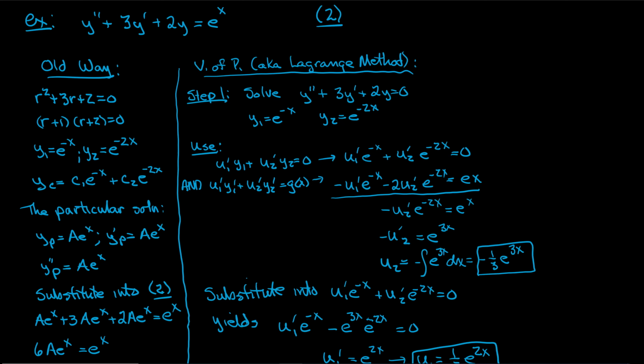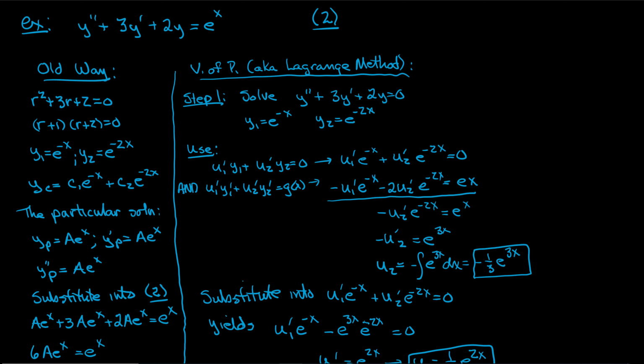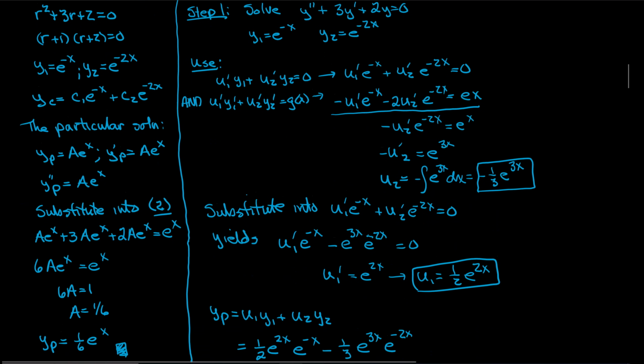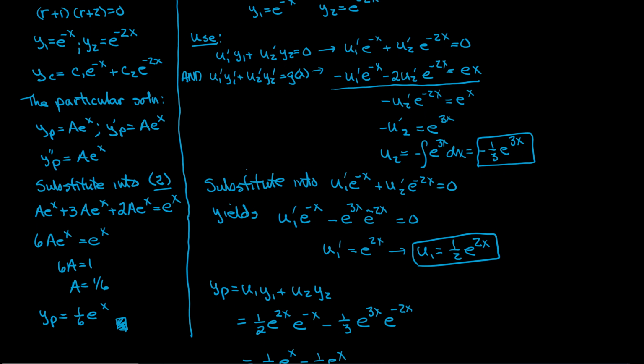Since it is a second order equation, we can solve the homogeneous equation using the quadratic formula, and this gives us our two solutions. y1 equals e to the negative x, and y2 equals e to the negative 2x. Recall this comes from our roots, r equals negative 1 and r equals negative 2.